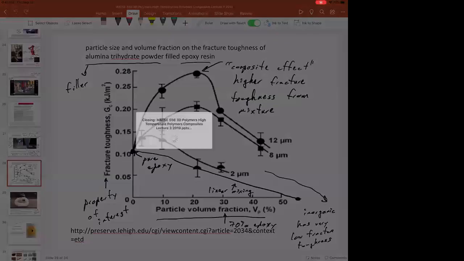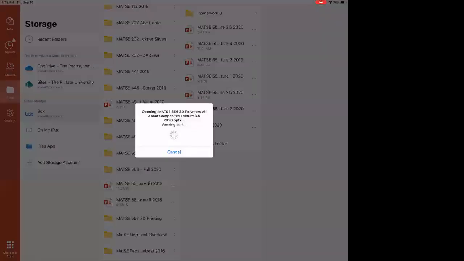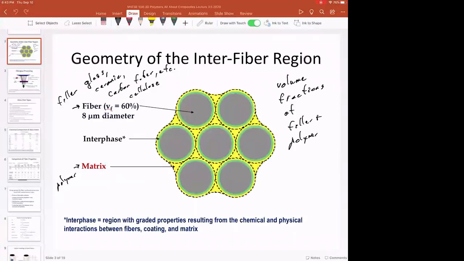And then this issue that we haven't talked about quite yet, but we're going to talk about in this slide right now, is the volume fractions of filler and polymer, and then the interphase. And that's a little bit of an old term. Now we just might say interface between filler and polymer.